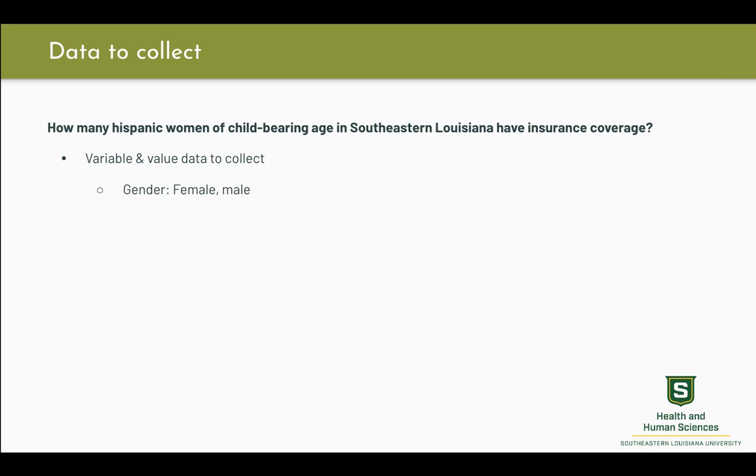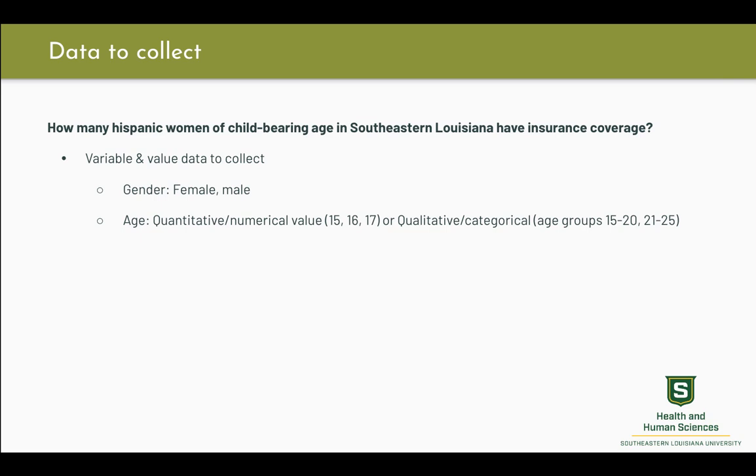A variable to collect would be the gender of the people, in which I'll be asking whether it's male or female. I could also look at age, because I'm interested in childbearing age. I can either collect the value as a numerical, or discrete, number, looking at their specific age: 15, 16, 17.